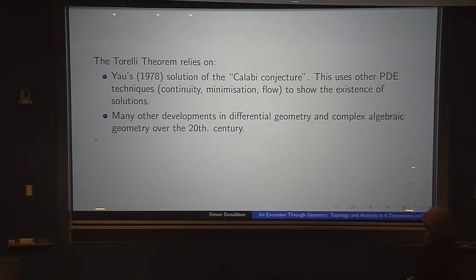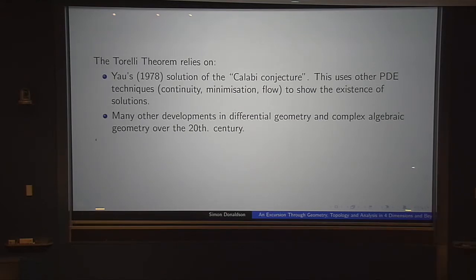I think this is one of the triumphs of 20th century mathematics. One of the main ingredients it relies on is Yau's solution of what's called the Calabi conjecture, which uses other kinds of PDE techniques to construct solutions of this equation. In fact, Yau originally used what's called the continuity method, but one can also use minimization techniques or flow techniques.